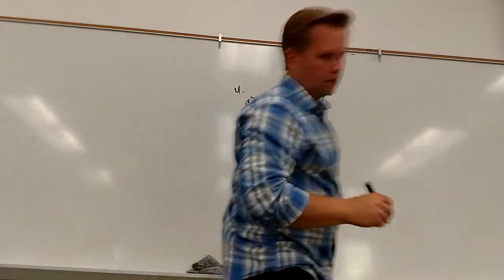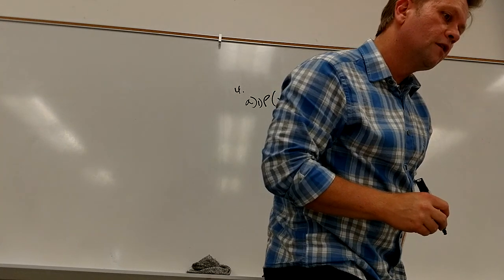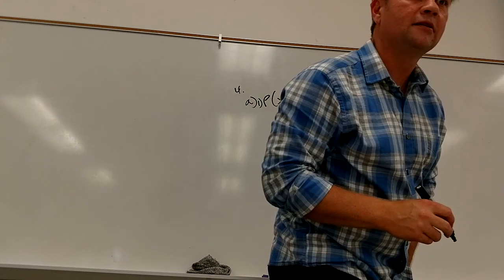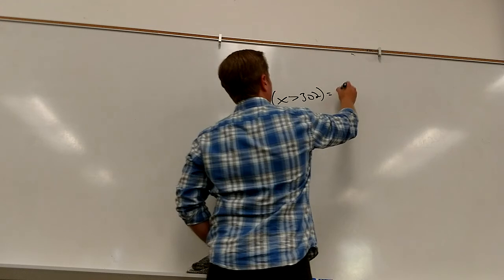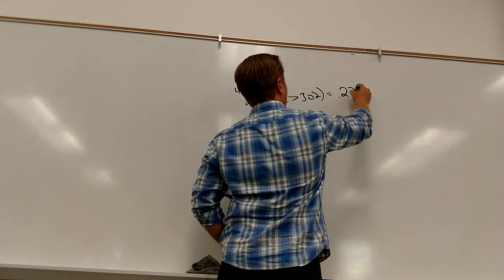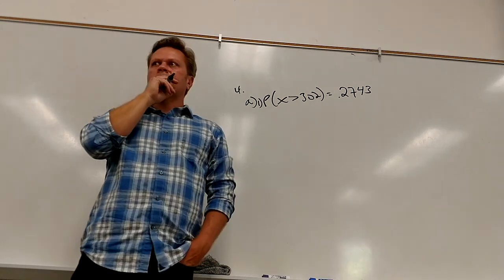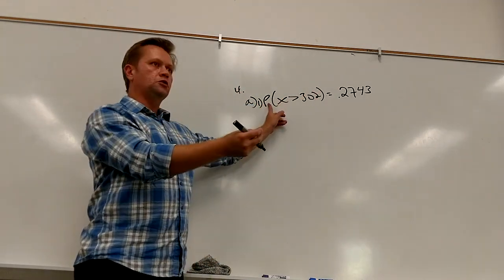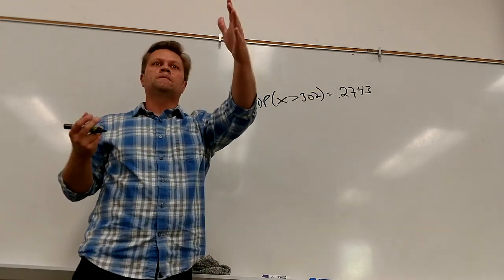For that, did anybody do that one? What'd you get? Looks like you got the right answer. Yeah, 27.2743. So that's what you get for 4A1. The percentage of students who scored more than 302 is 27.43%.